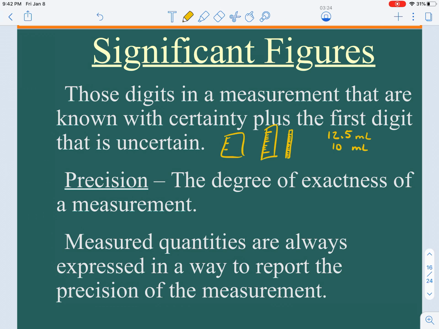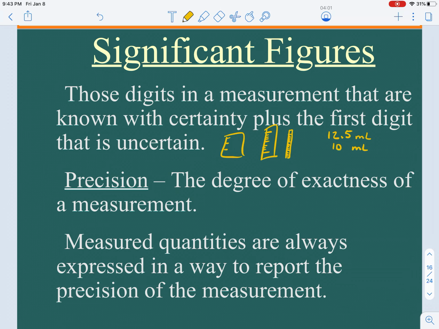So if I ask you to combine these two liquids together, if we're adding these together, we can't say that we know for certain that we have 22.5 milliliters, or is it 22.7, or that's actually 22.3, because we only know that the 10 is about 10 milliliters and we don't know more precisely than that. Then when we combine those two values, our precision is limited by that 10 milliliter volume.